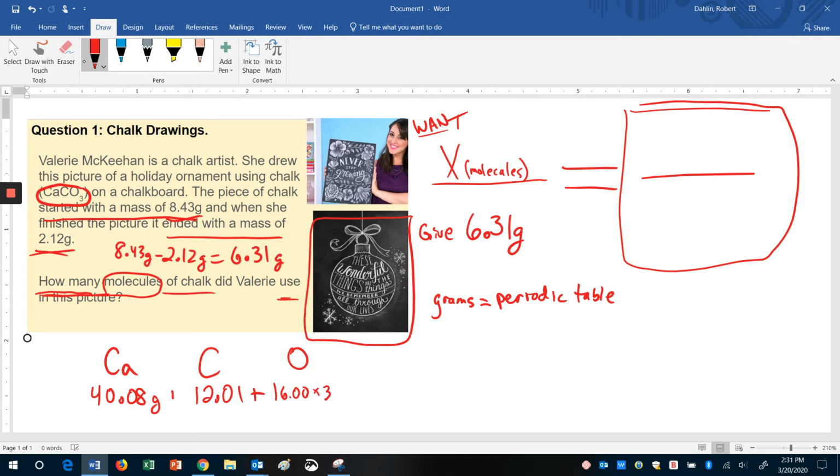Order of operations is very important. I'm just going to add all those together, but I have to remember to do multiplying first before I do any adding. So 16 times 3 plus 12.01 plus 40.08, and I get 100.09.